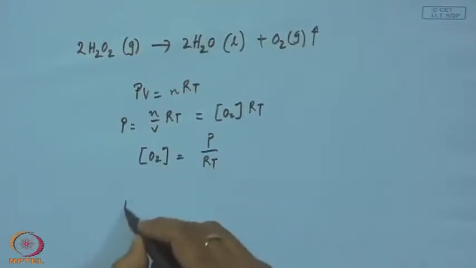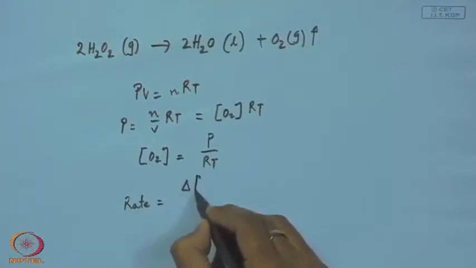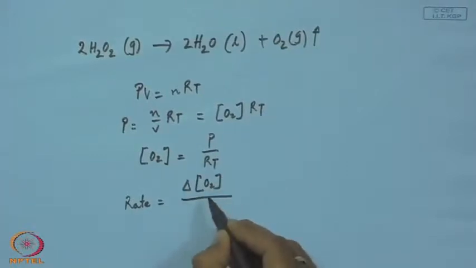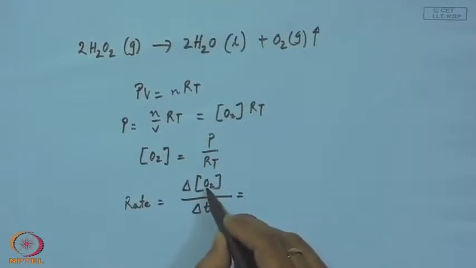Okay. So, rate will be equal to delta of concentration of O2, because delta O2 means how much change in concentration of O2 is there, divided by delta t. So, basically delta O2 is nothing but O2, because at the very start there was no O2. Okay.